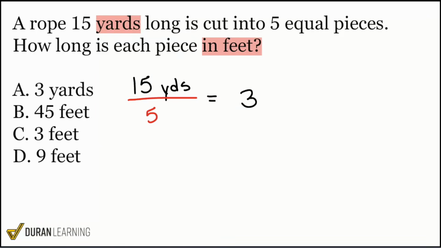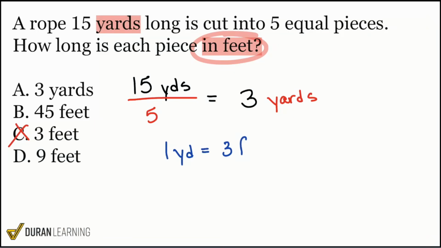Because everyone, the biggest key was in feet. This 3 is currently in yards. That's the problem. The answer is not C. It is not. The answer is going to be D because, when we convert from yards to feet, our conversion rate is 1 yard equals 3 feet.